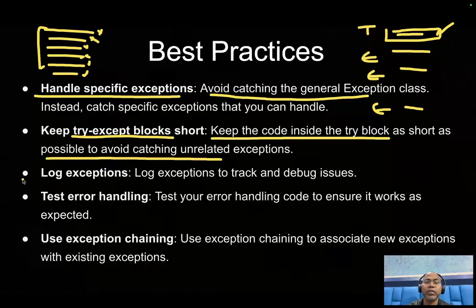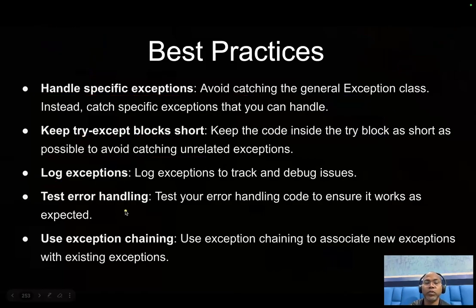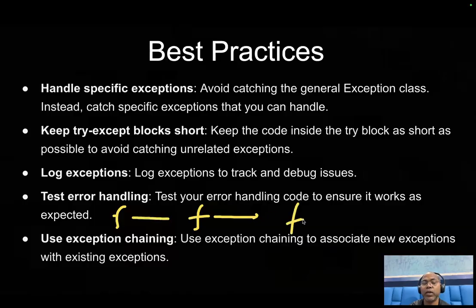And log exceptions, or maybe a dump for debugging purposes, for finding out some issue. Whenever you are doing exception chaining, be careful, because whenever you are calling function 1 to function 2 to function 3, be careful to propagate the chaining back to the calling function.